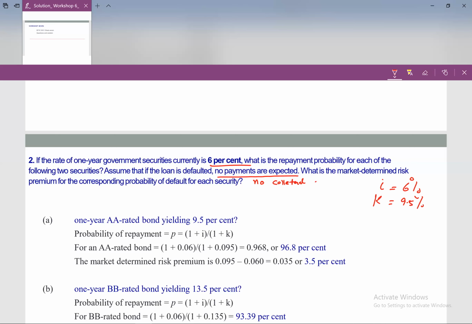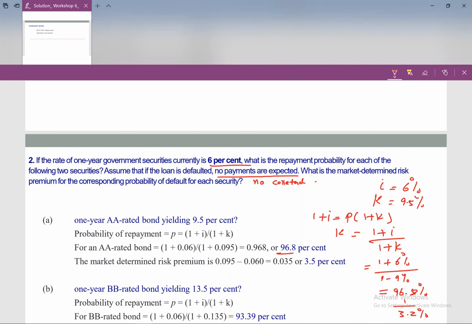It's easy: 1 plus I equals the probability of payment times 1 plus K. If you want to calculate it, it's 1 plus I over 1 plus K, which is actually 1 plus 6% over 1 plus 9%. And you find it to be 96.8%. So we have a probability of defaulting of 1 minus that, which is 3.2%.